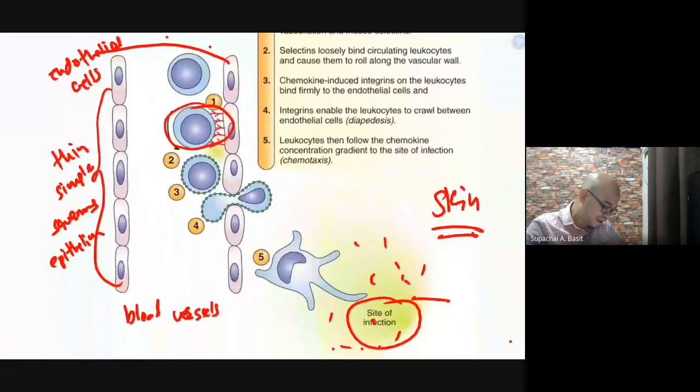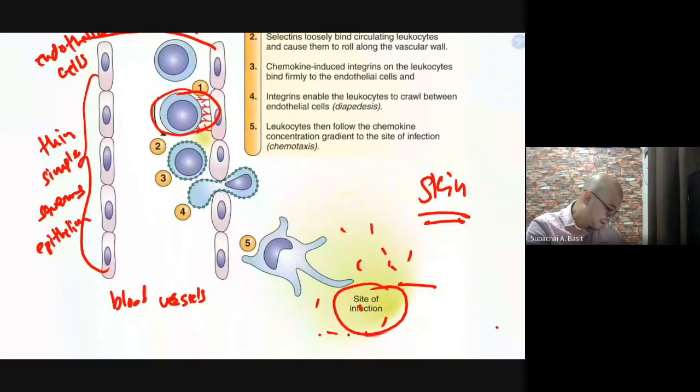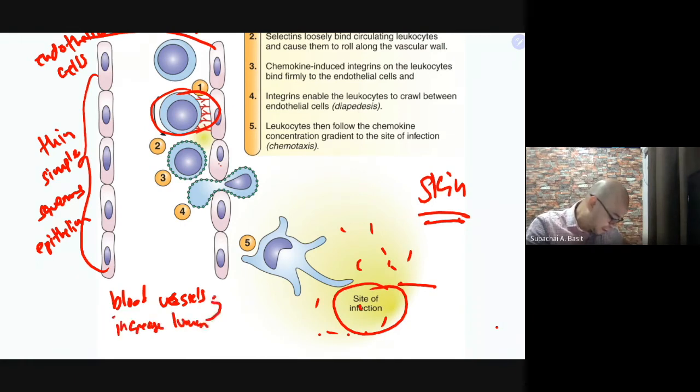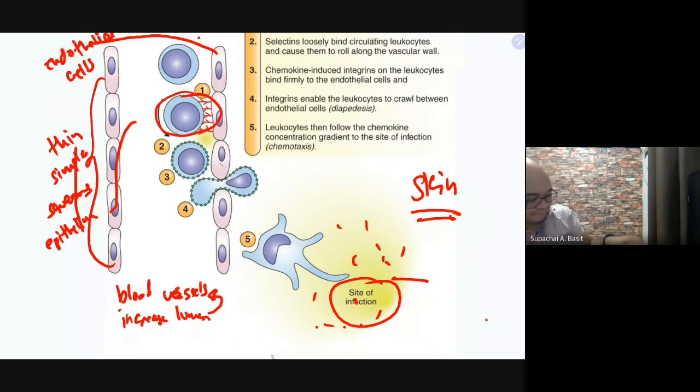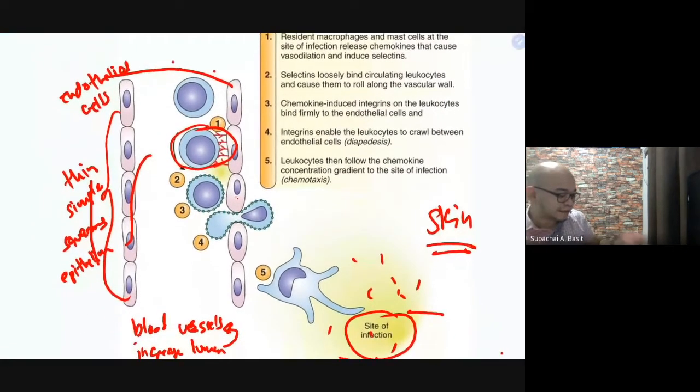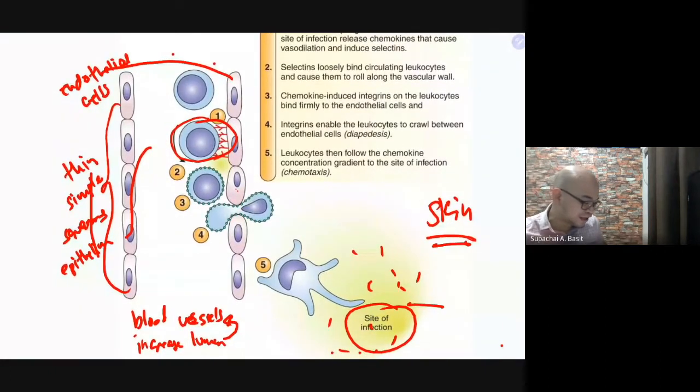So vasodilation will increase the lumen of the blood vessels. Selectins loosely bind circulating leukocytes and cause them to roll along the vascular walls.